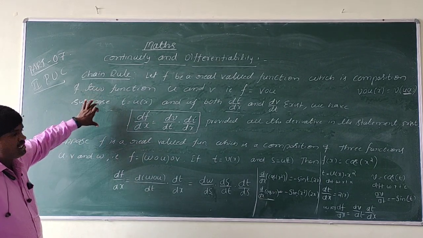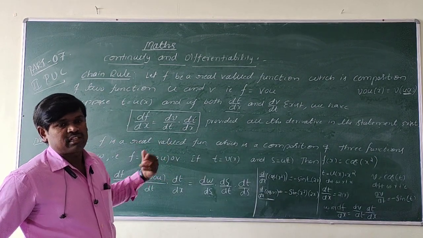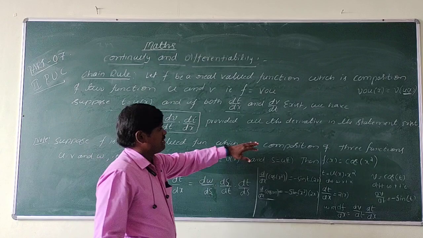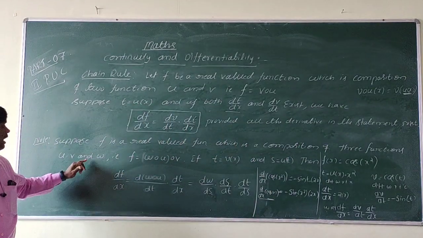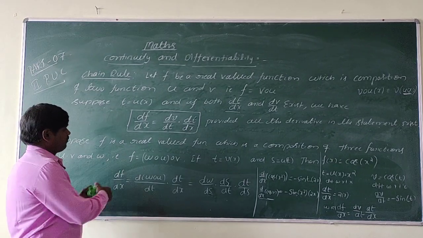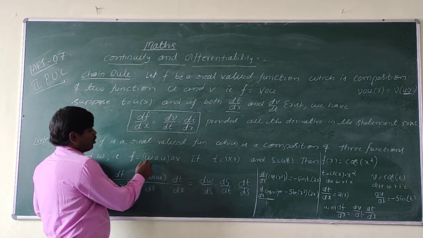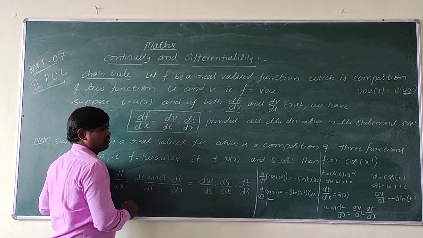Here the given function is a composition of two functions. Suppose the given function is a composition of three functions. Let f be a real valued function which is the composition of three functions u, v and w. So f is equal to w circle u circle v.